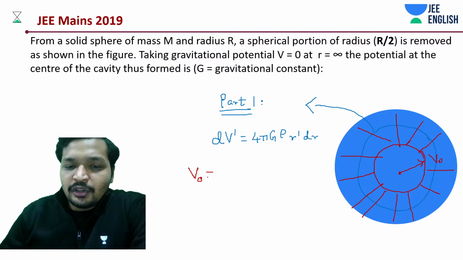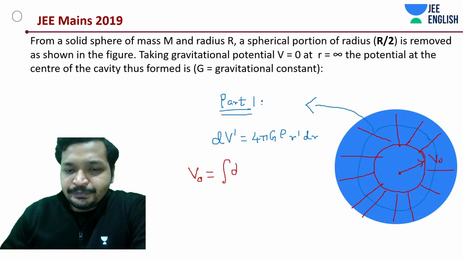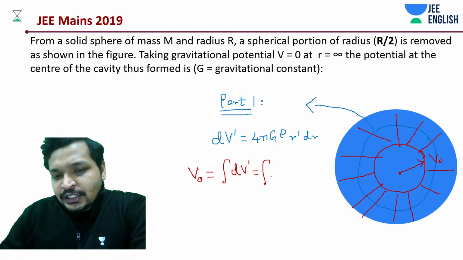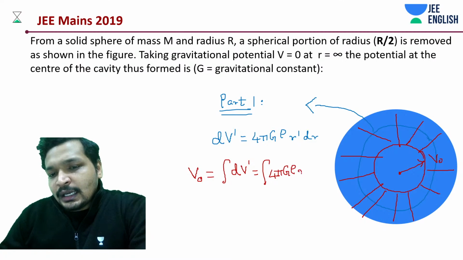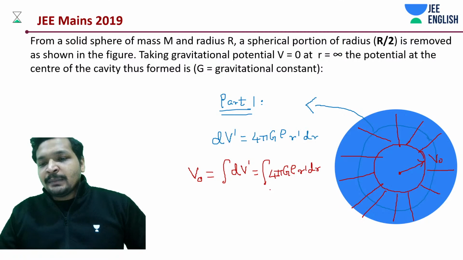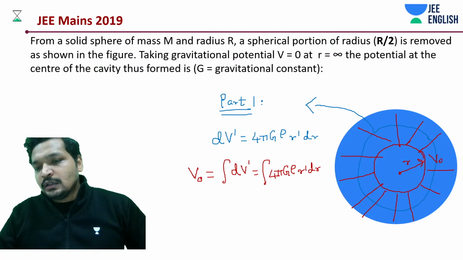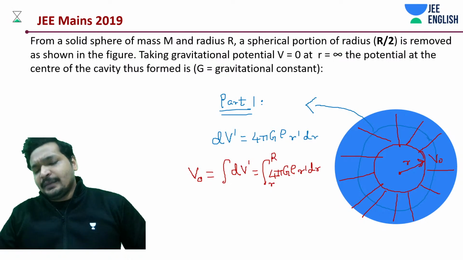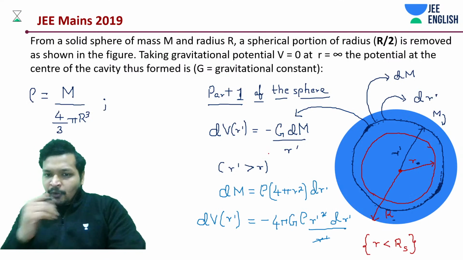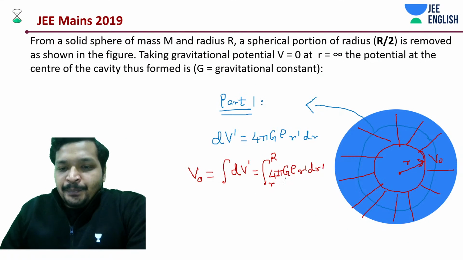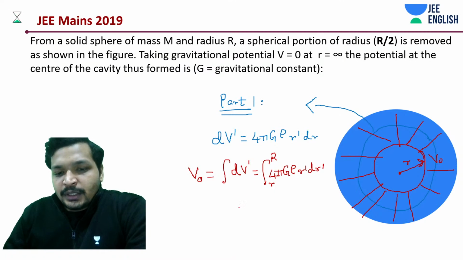V outside is going to be the integration of dV dash, which is nothing but the integration of 4 pi G rho r dash dr dash, and where does it go from? From some small r to capital R. Now, what does this come out to be?